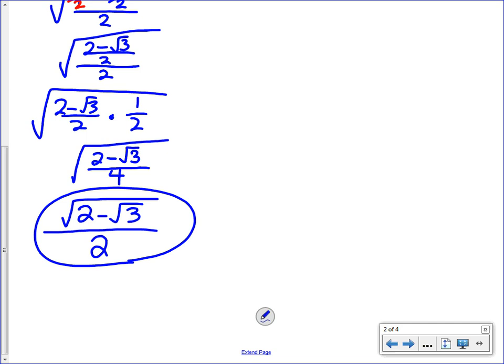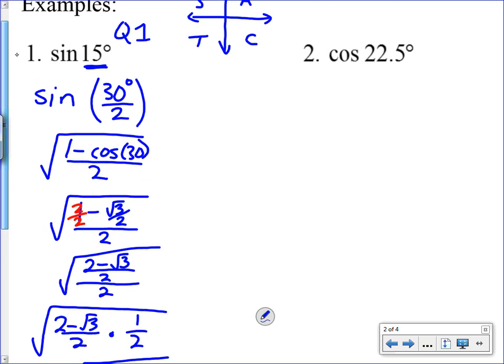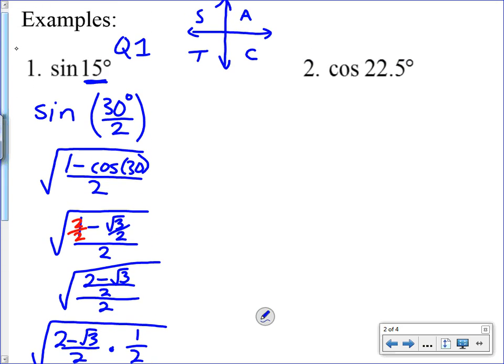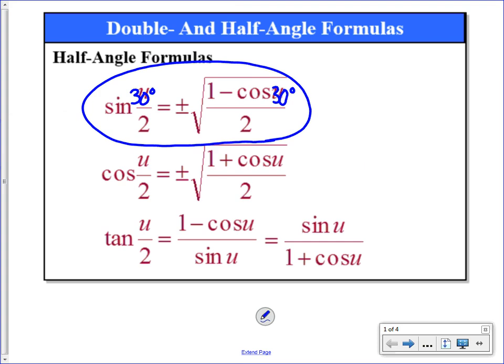Okay, let's look at our second example. Here we want to find cosine of 22.5 degrees. Well, 22.5 is half of 45, or 45 divided by 2. So this time we're going to use our cosine formula, where U is 45 degrees.